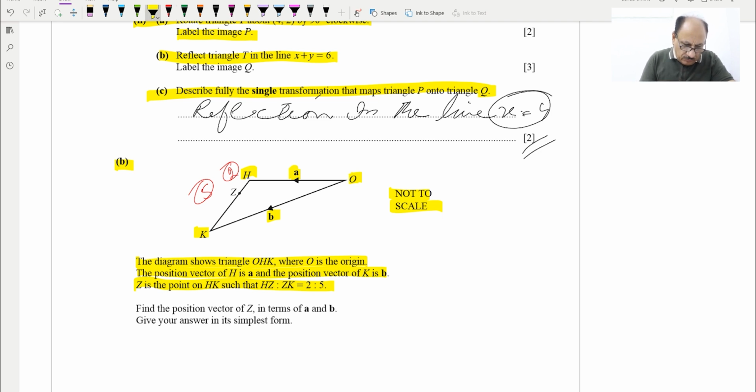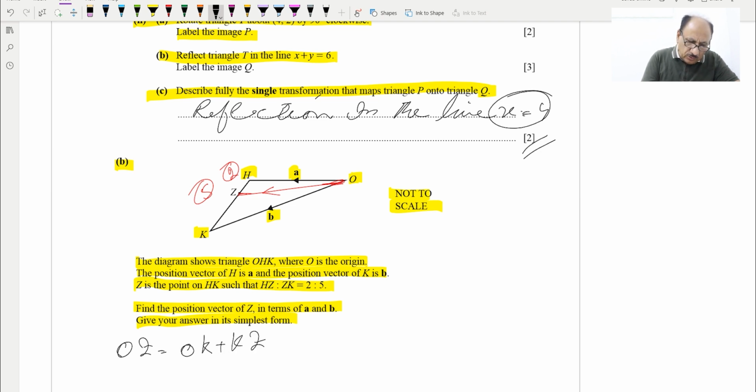Then next, find the position vector of Z in terms of a and b. Give your answer in the simplest form. So OZ will be equal to OK plus KZ.